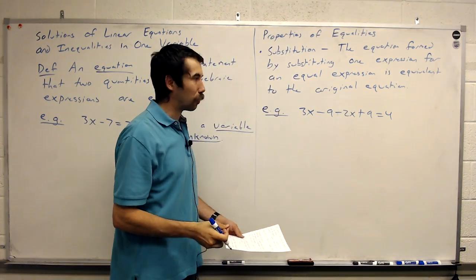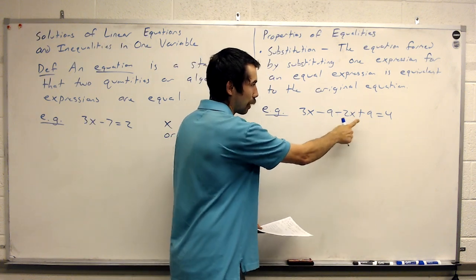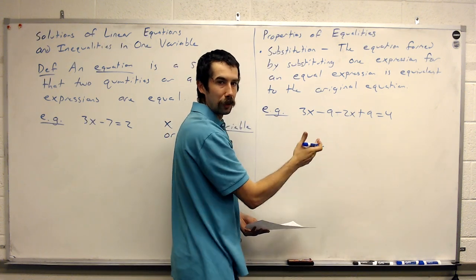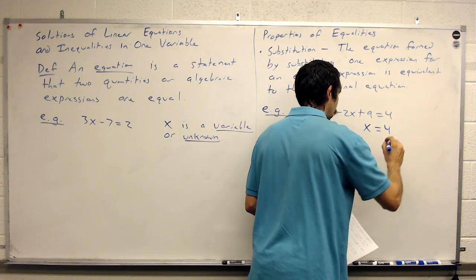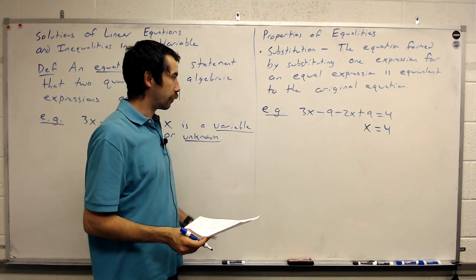That's what the substitution property says. 3x minus 2x is just x, and minus 9 plus 9 is just 0. So we can actually substitute the left-hand side of our equation with just x. So it says x equals 4, which happens to be the solution of the equation.